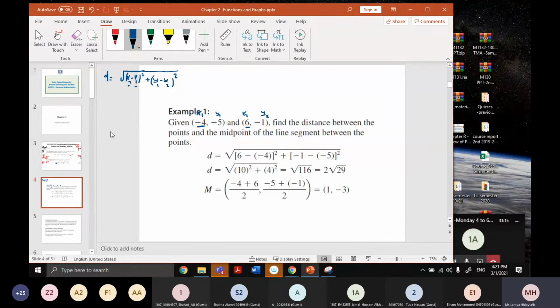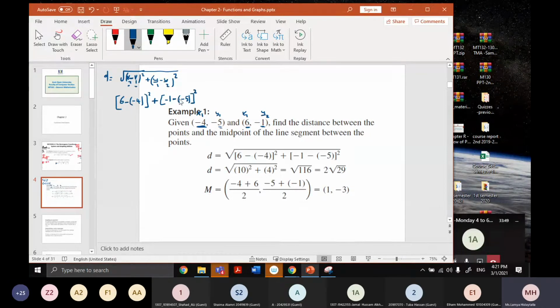x2 minus x1. So it's going to be x2 is 6, 6 minus, what is x1? It is minus 4. But here there is a minus, so correct? So minus minus 4, okay? And then square it, plus y2 minus y1. So it is minus 1, minus also minus 5, okay?